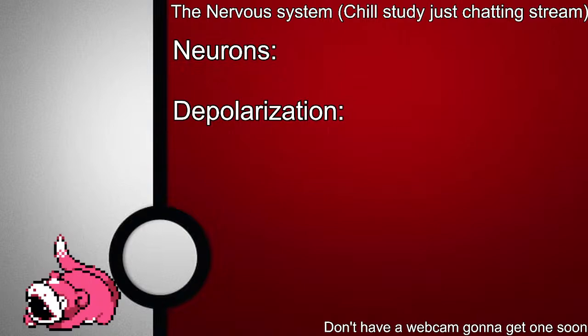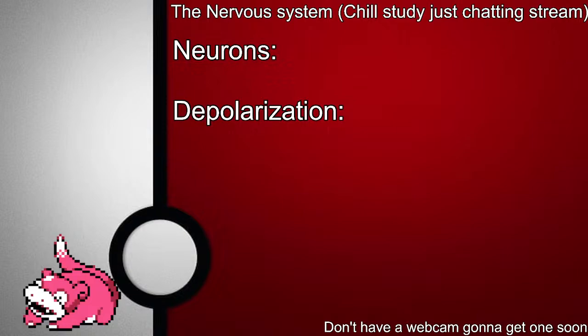And let's see what this website says. The action potential is an explosion created by a depolarizing current. This means that some event, a stimulus, causes the resting potential to move toward 0 millivolts from negative. Wait, let me read that one more time. So the action potential is an explosion of electrical activity that is created by a depolarizing current. Okay, nice.